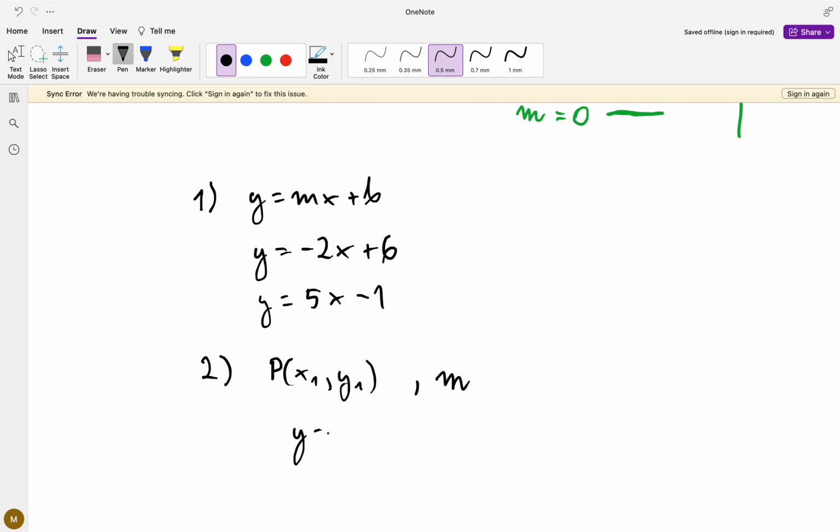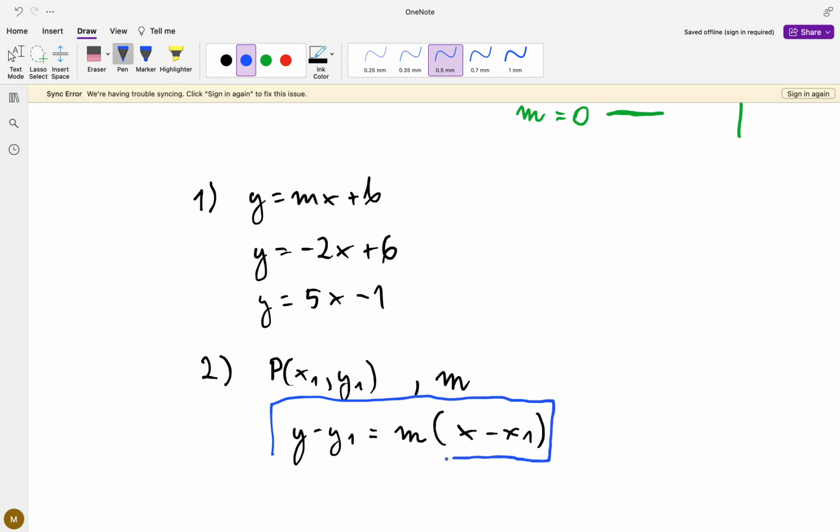Y minus y1 is equal to m multiplied by, open parentheses, x minus x1. That's the point-slope formula. Once again, it's called point-slope because we have a point and we have a slope.